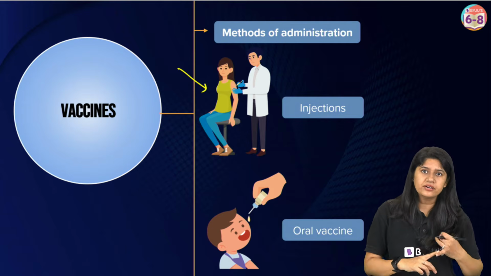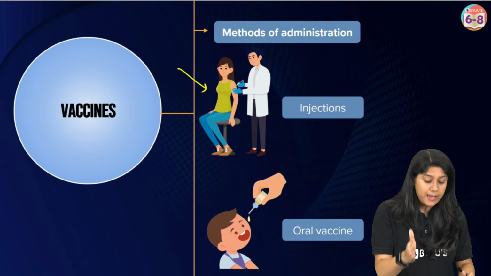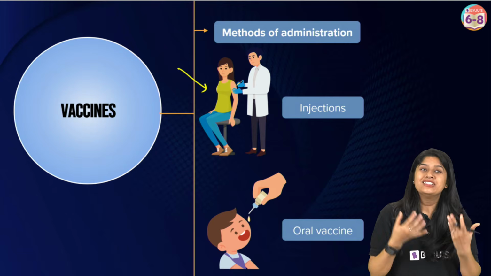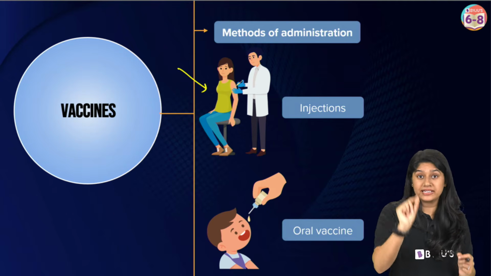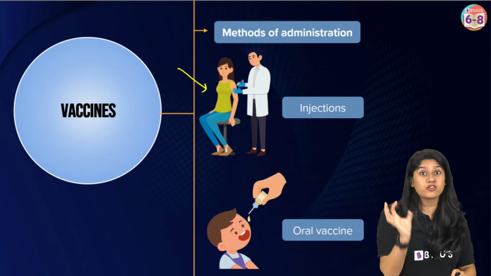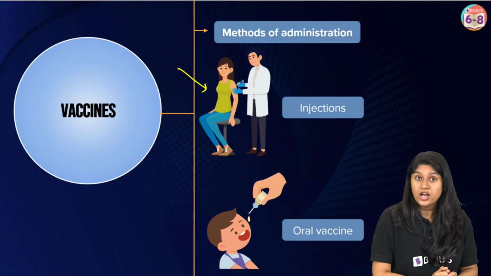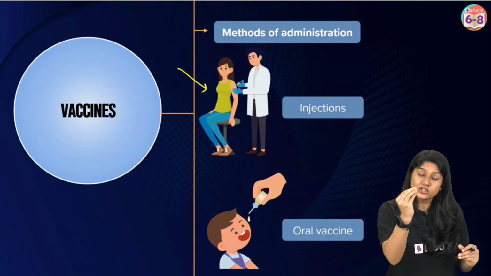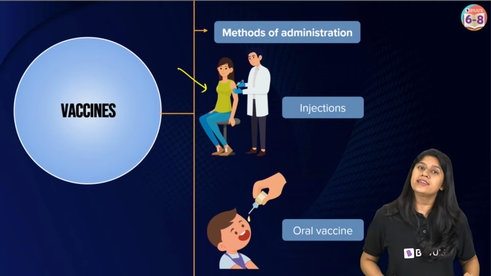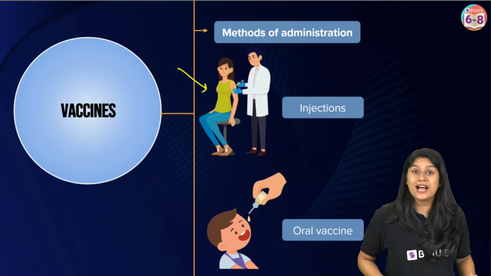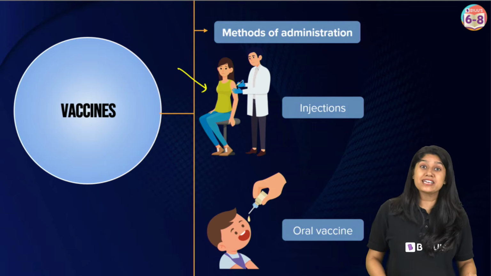Maybe a fever, and a few other symptoms will be there. But what will happen? The body will identify it and there will be the creation of memory cells. Next time, when a live pathogen enters the body of the individual, they can easily fight it. So that's why vaccination becomes really very important.